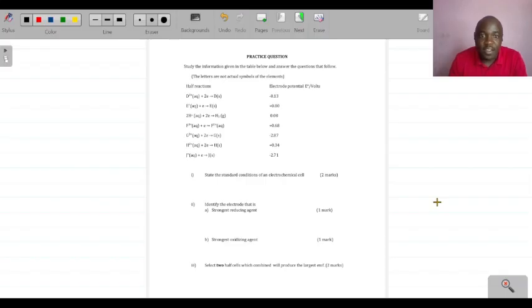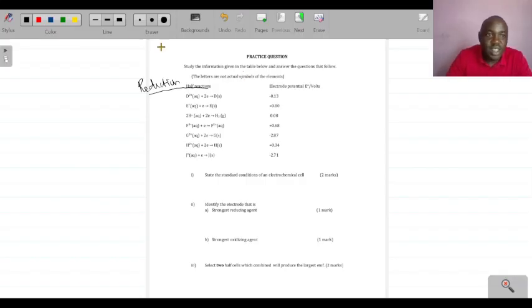We have given some half reactions, and also we have some electrode potentials. So as you can see, these half reactions are what we call reduction. So we call them the reduction half reactions because they represent reactions in which elements are gaining electrons.